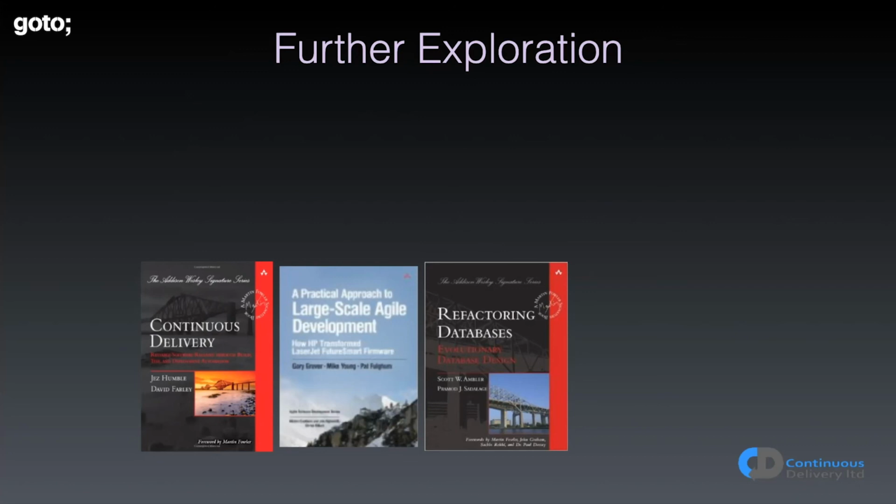There's some other stuff about the impact of some of this, and architecting for data migration, in the Practical Approach to Large-Scale Agile Development. And the book that I would very strongly recommend to you is Refactoring Databases by Scott Ambler and Pramod Sadalage, which is the definitive work on refactoring techniques for data stores.